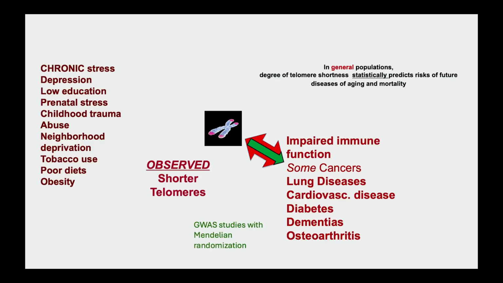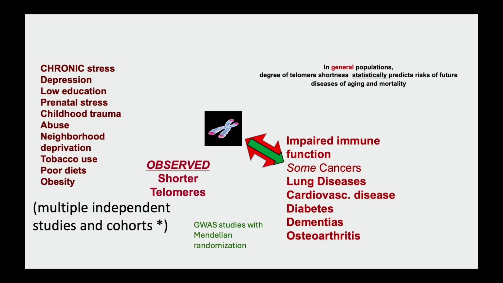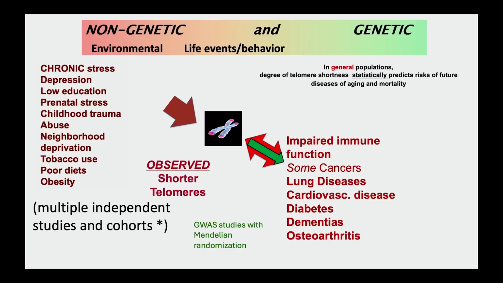influenced events. And I've just listed a whole lot of these here, and we got involved because of studies, and now there are multiple independent studies and cohorts, but we got involved with some of these with collaborations with my colleague Alyssa Eppel at the University of California, and Jolene in my lab has been really leading these collaborative studies, some of which we did with Alyssa, and many other groups have done the same thing.